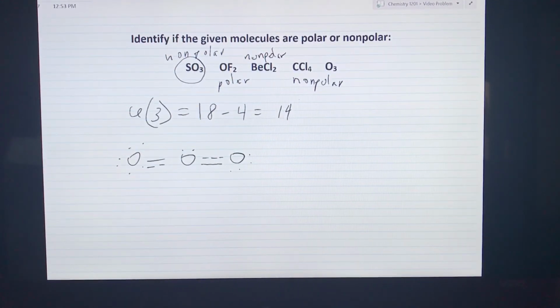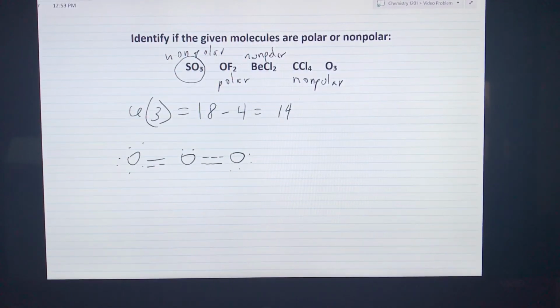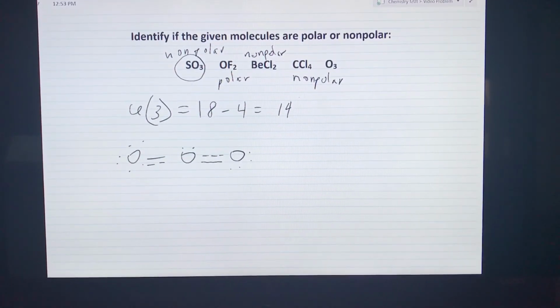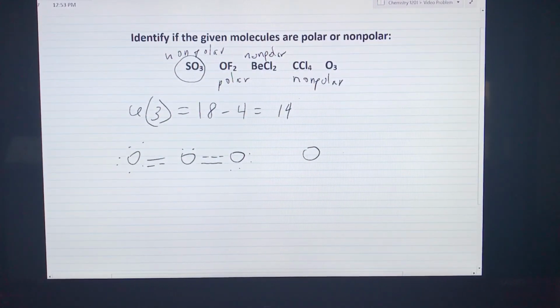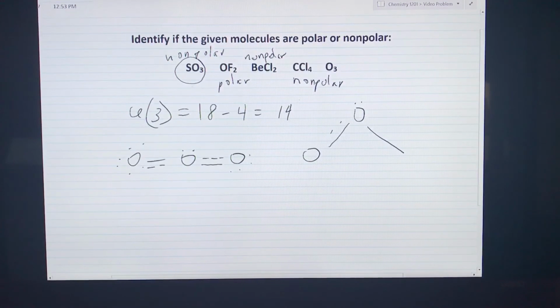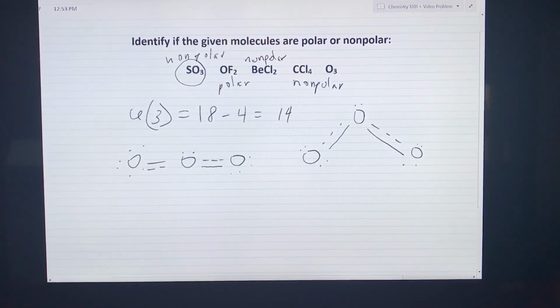So next, the dipoles. Alright, so I'm going to redraw this since it would look like this. So that would be the true Lewis structure.